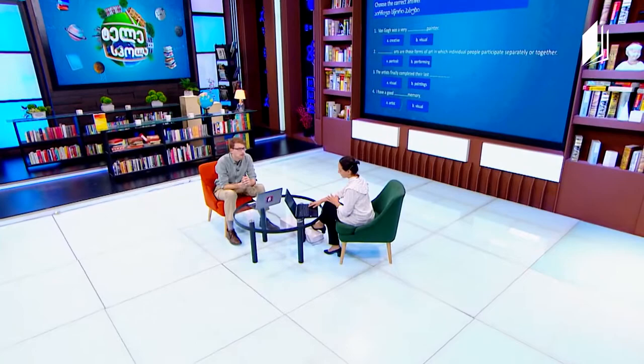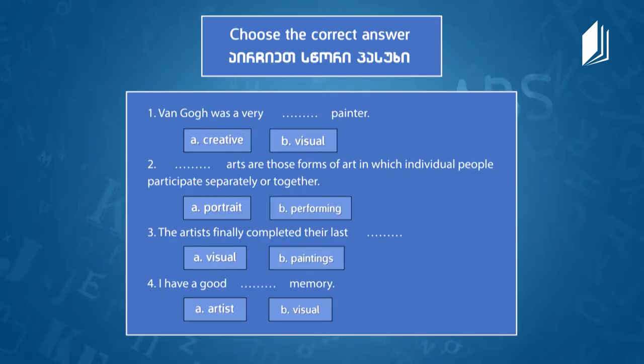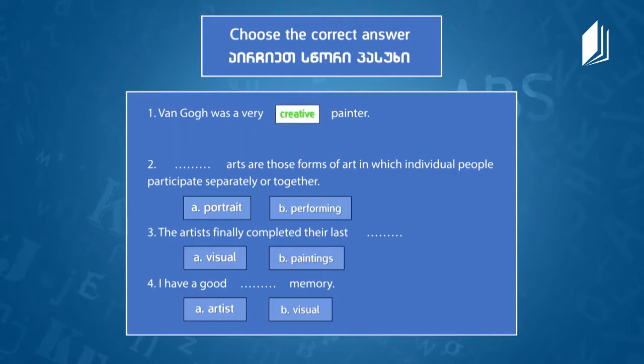So Lika, for number 1, Van Gogh was a very A, creative, or B, visual painter. What do you think it could be? Okay, I know the answer, and I hope also the audience has the answer. So this is creative. Exactly right, creative.